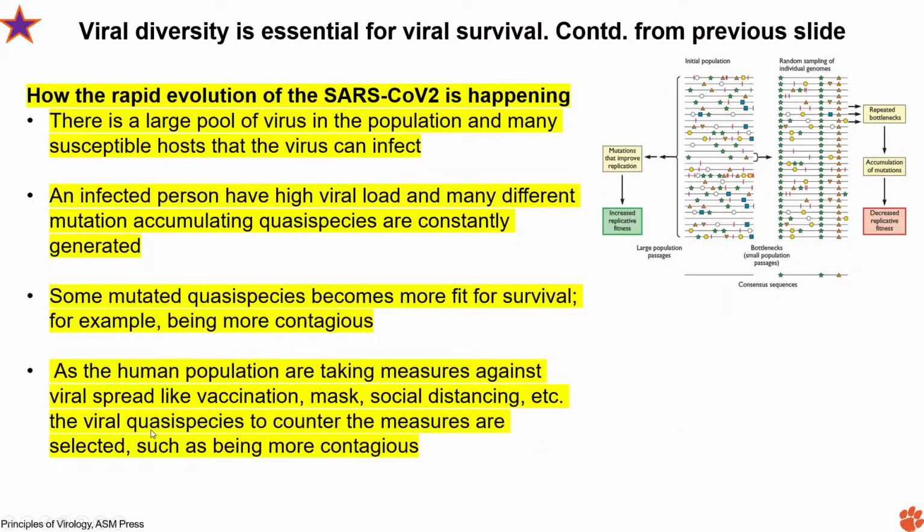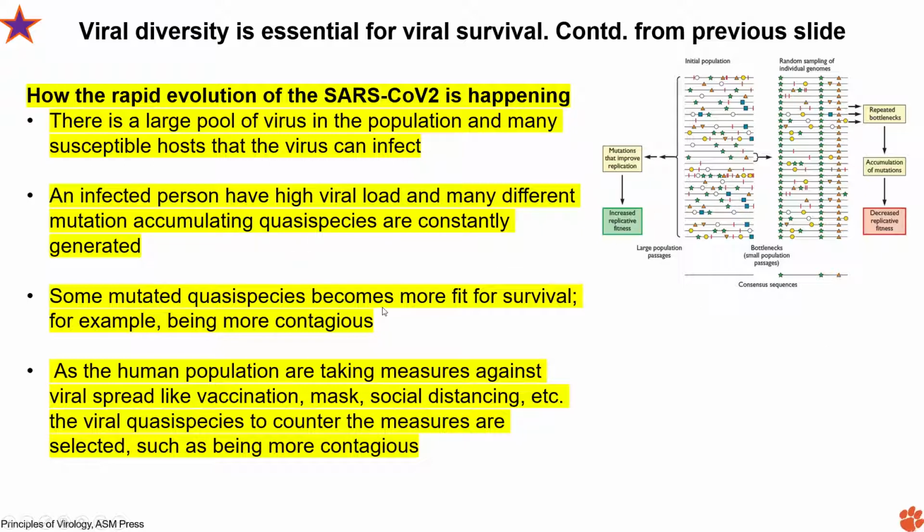Another question that can be asked, this is an extra slide. This was not there in your material, so I just pushed it aside. It asks how the rapid evolution of SARS-CoV-2 is happening. Just remember that these are the things that are coming from this. Basically, there's a large pool of virus and many susceptible hosts that the virus can infect. High viral load, many different mutations accumulating, and quasi-species are constantly generated, which is from this slide.